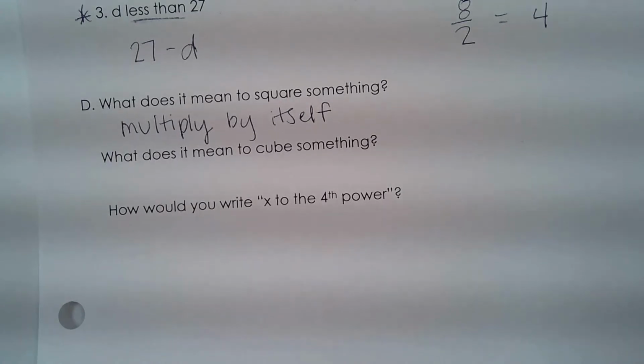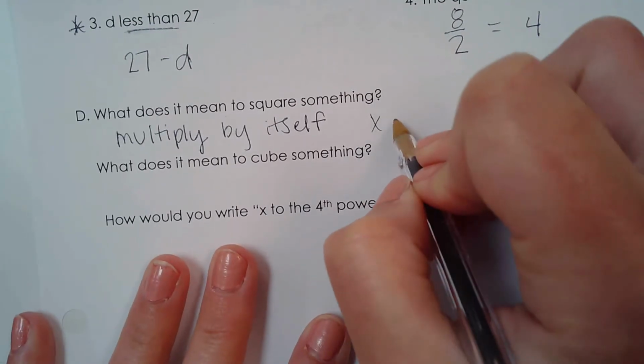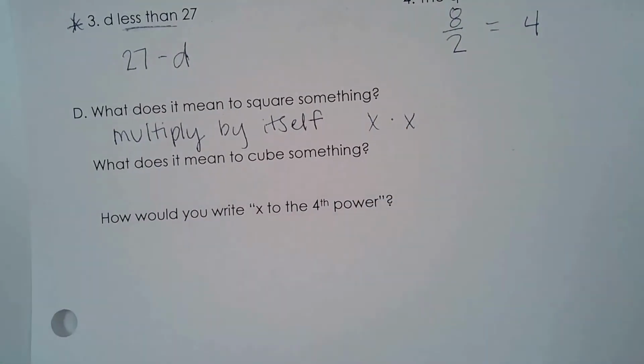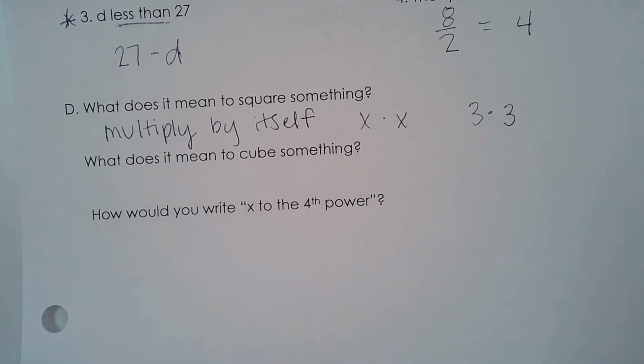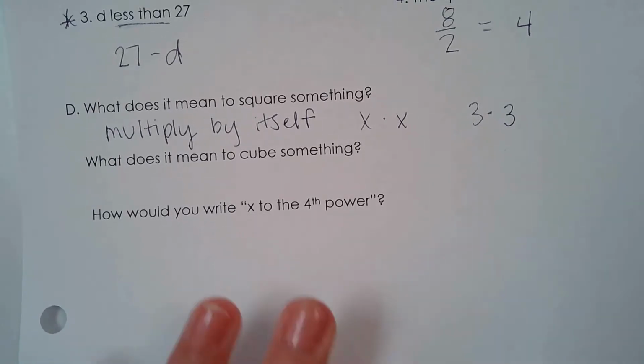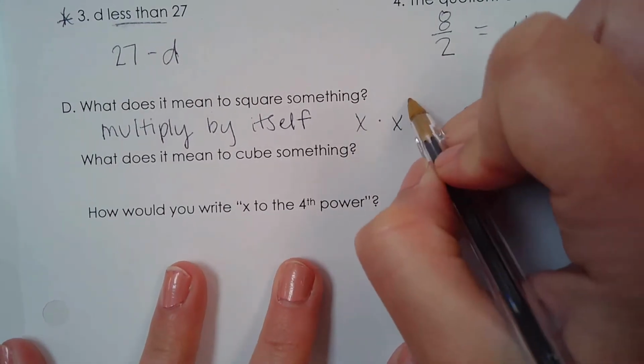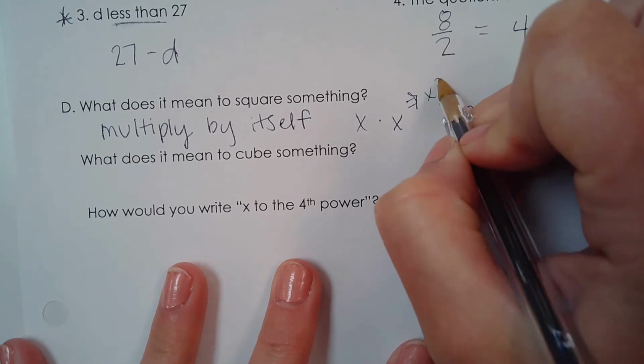So, for example, that would be like x times x, yeah? Or like 3 times 3. That okay? How else could we write that? Because they're probably not going to write out x times x. What do they write? X squared. Good. I'm going to put that right here. X squared.